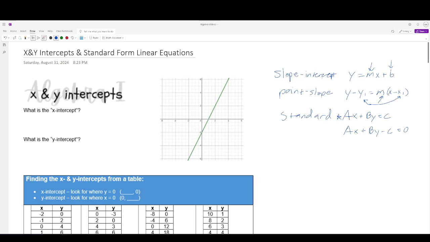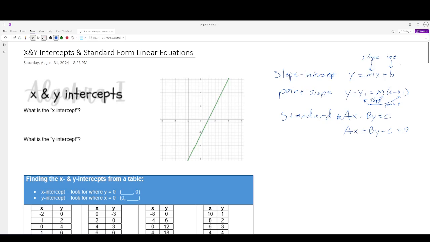So slope-intercept was great because it was about the slope and the y-intercept, and point slope was great. Both of them let us graph really easily, starting from a point that we knew, which was either the random point in point slope or the y-intercept in slope-intercept, and then we used our slope to find another point. Great. We could also read both of those off of a graph.